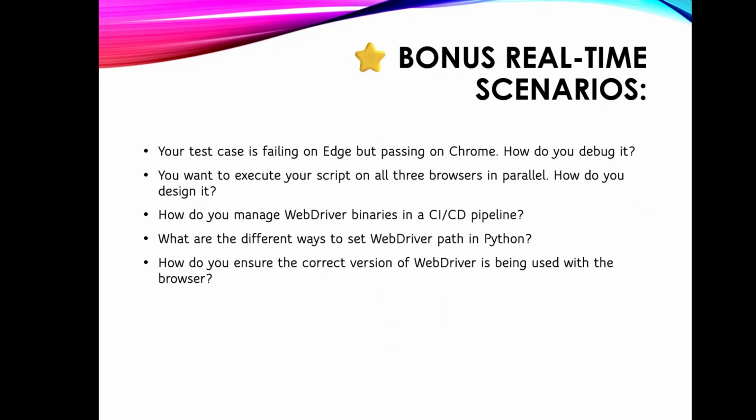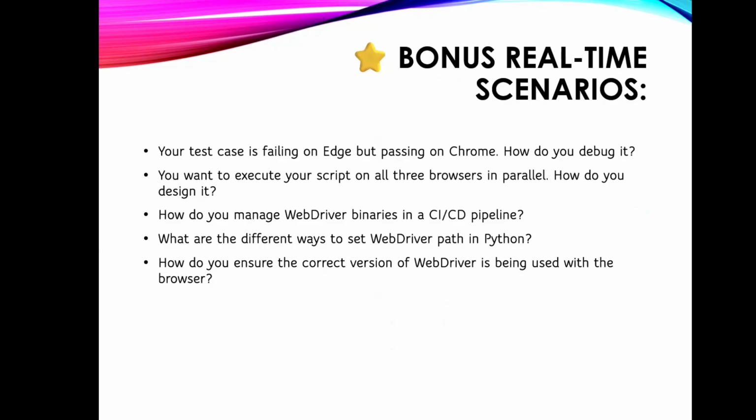We have the ChromeDriverManager. Like in Selenium Java, we were using WebDriver Manager. For example, if the Chrome browser got changed, then your test won't work. So in that case, we better choose ChromeDriverManager().install(). We can use that.